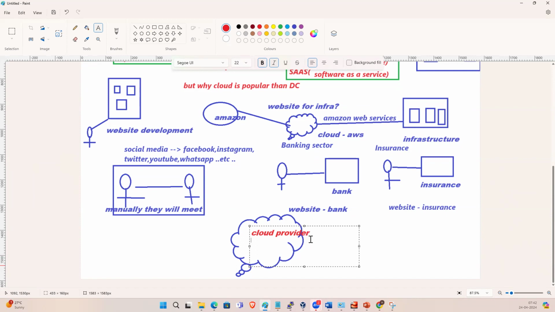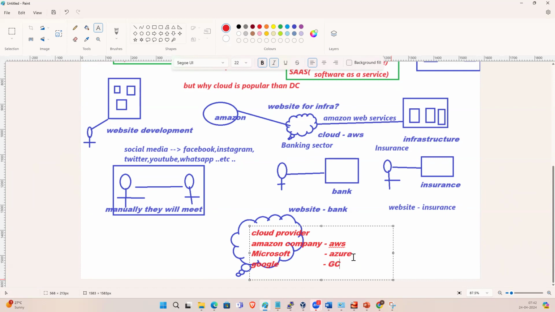AWS, does anyone know? Amazon created their own services called AWS. Microsoft created their own web services called Azure. Google also created their own web services called GCP.